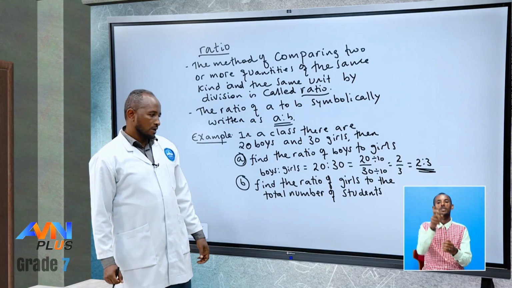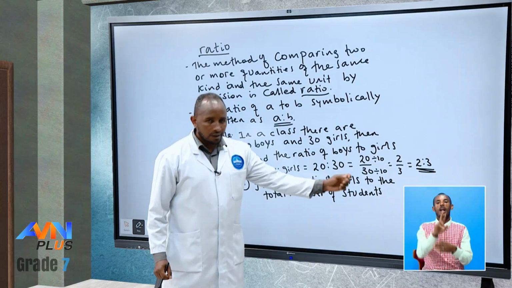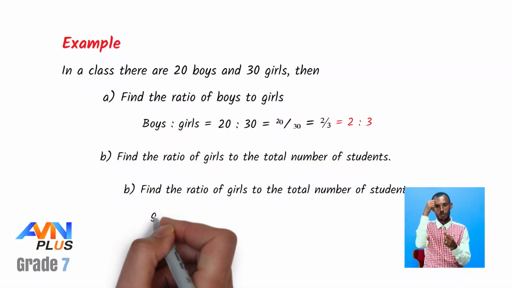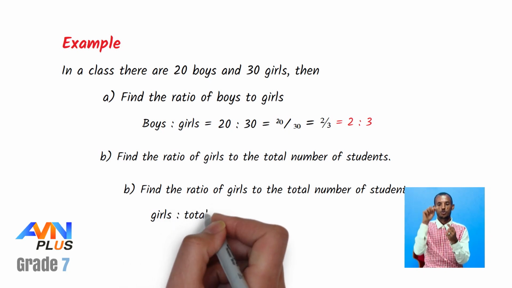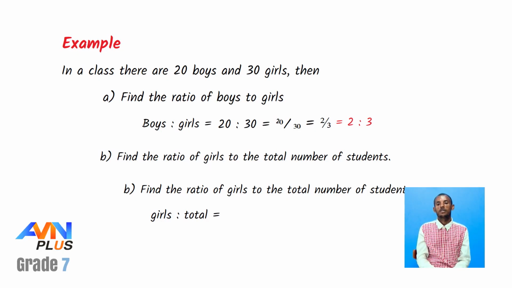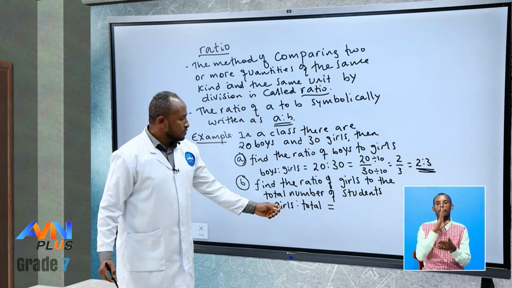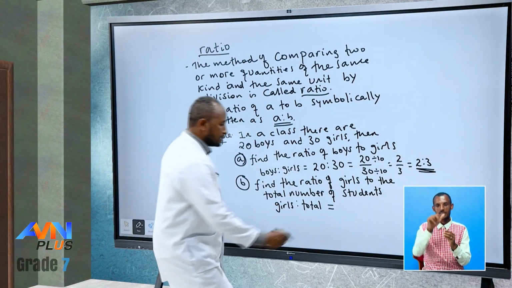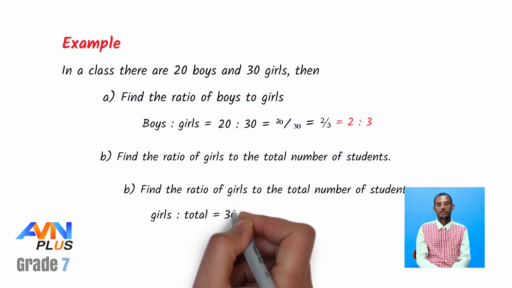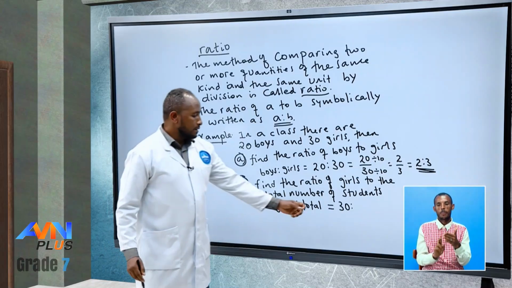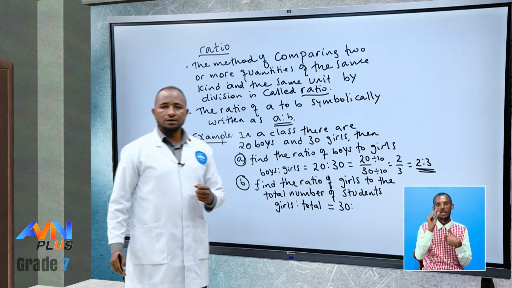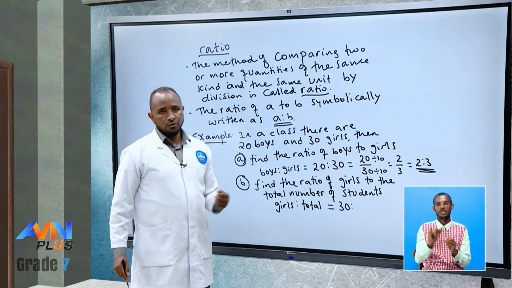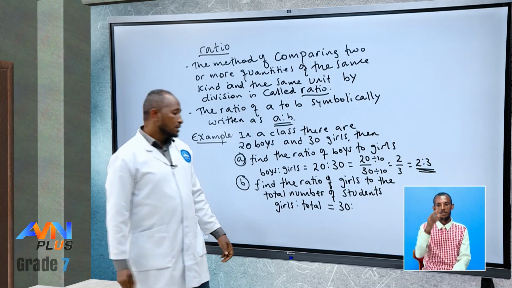We are asked the ratio of girls to the total number of students. This will be equal to the number of girls, 30, ratio the total number of students. Since we have 20 boys and 30 girls in the class, the total will be the sum of the two. 20 plus 30 is 50.